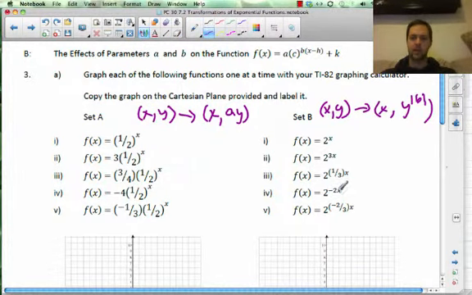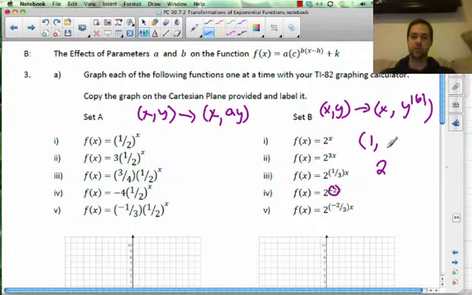2 to the power of negative 2x. So normally, again, we'd have 1 and 2. 2 to the power of 1 would be 2. Now we have 2 to the power of negative 2 times 1. So instead, we should be able to say we will have the point 1 and y to the absolute value of this thing right here, this b value, which here is negative 2.